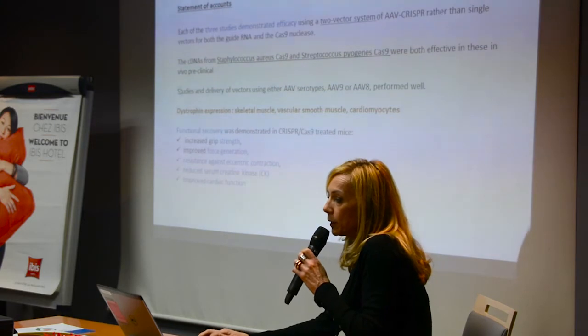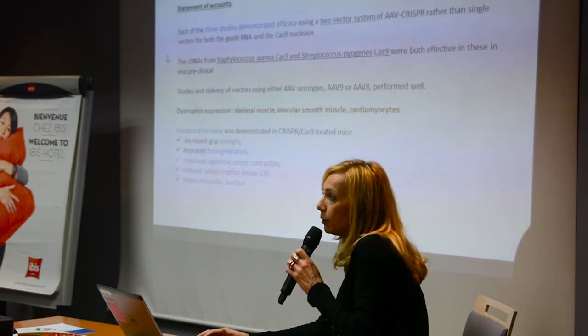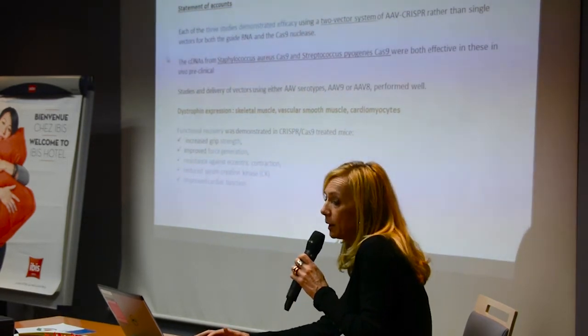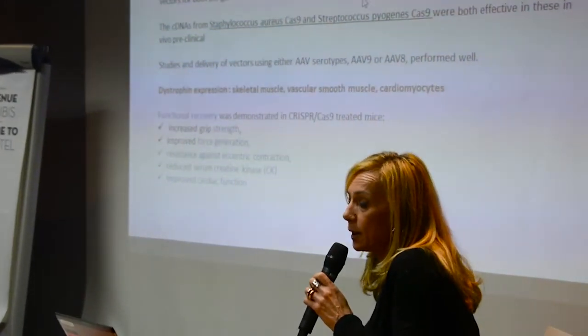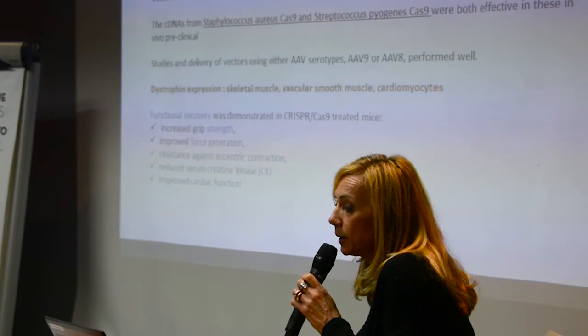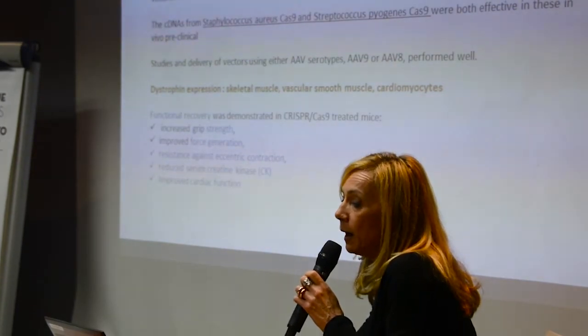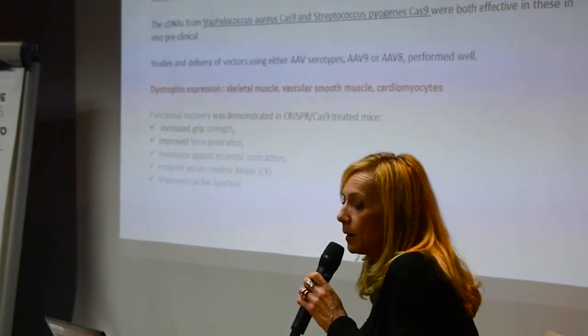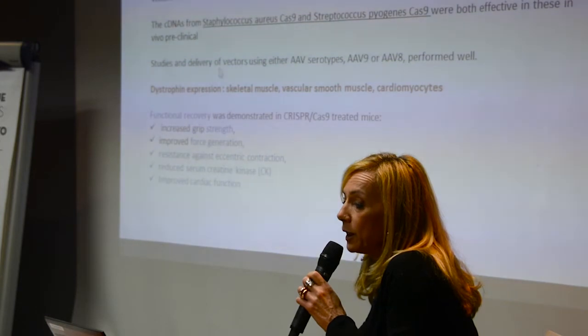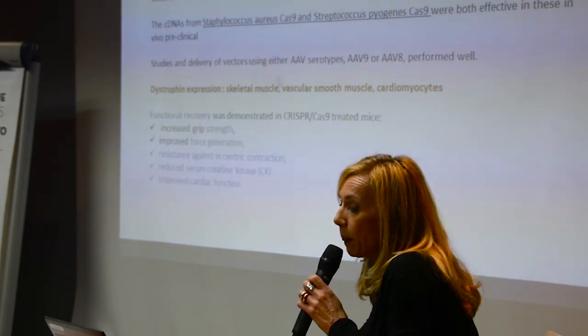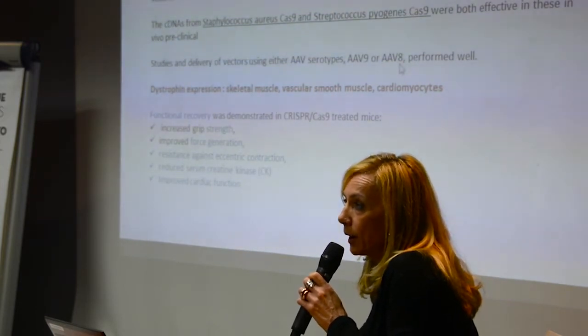So to summarize these very encouraging studies, each of the three studies demonstrates efficiency using a two vector system, AAV CRISPR. For the guide, they used two different Cas9, and they used also different ways of delivery and two different settings.